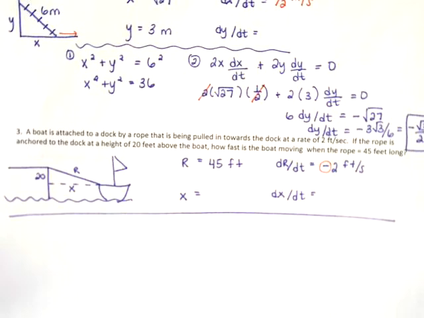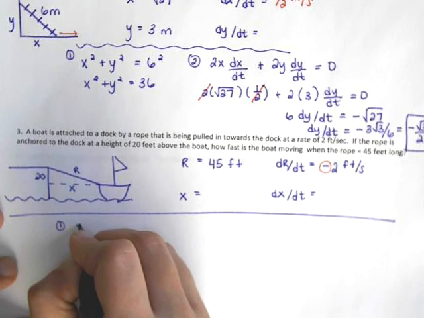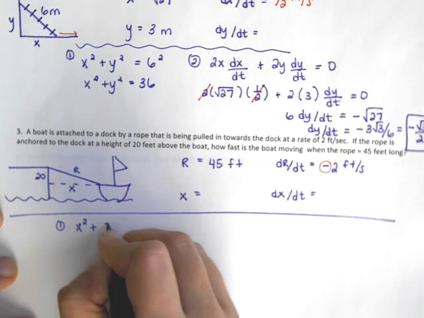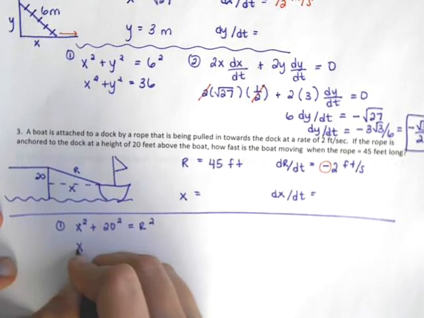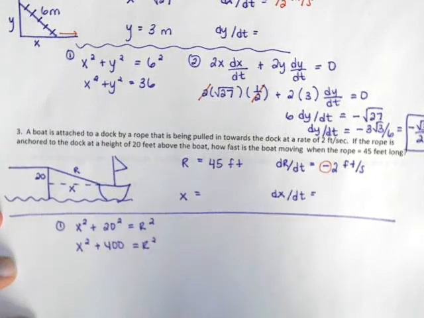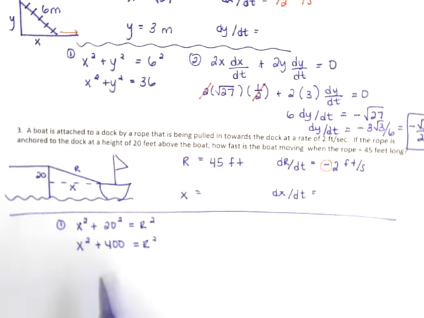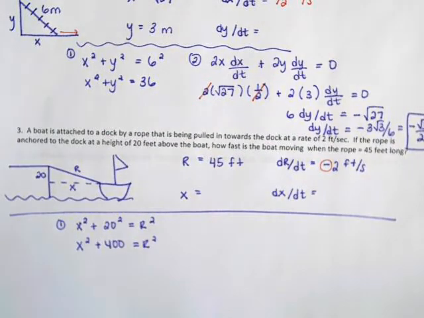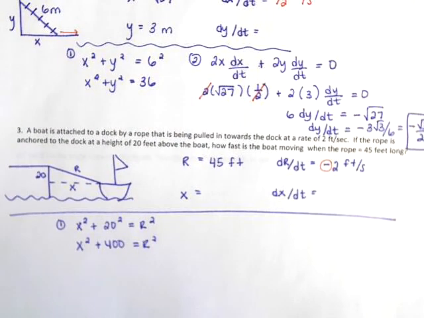Again, I think a good equation here that relates these variables would be the Pythagorean theorem. So x squared plus 20 squared equals r squared, which means x squared plus 400 equals r squared. I think you could probably figure out the x by just using this equation right here. I don't happen to know what 45 squared is off the top of my head, so I'm going to go ahead and type that in.